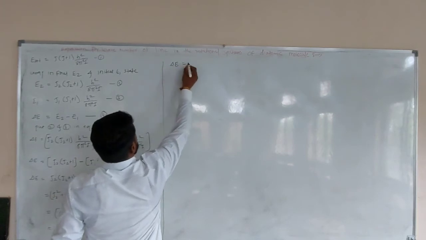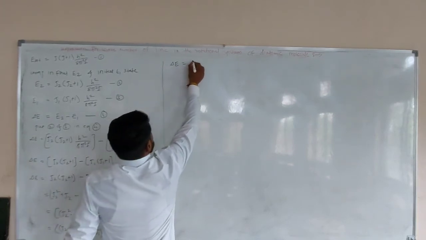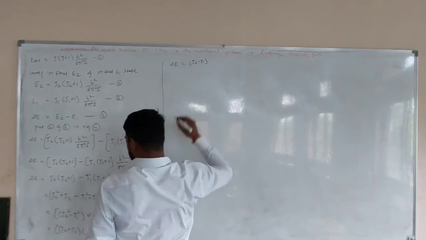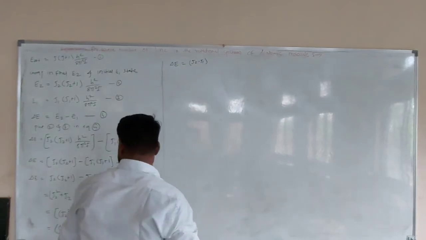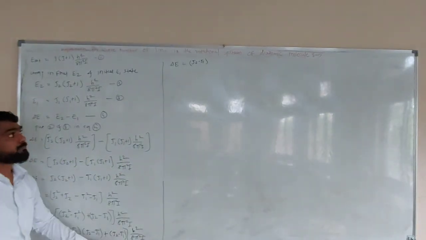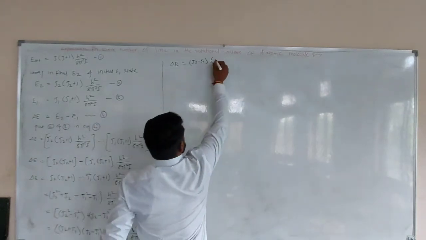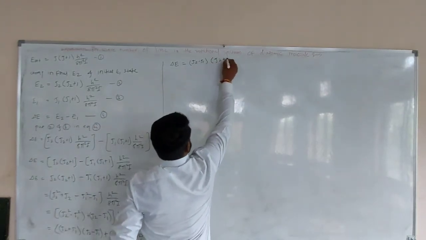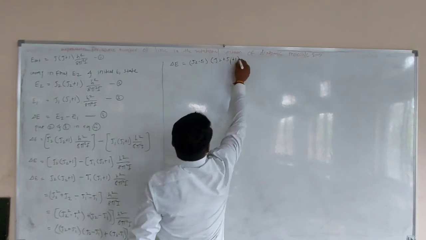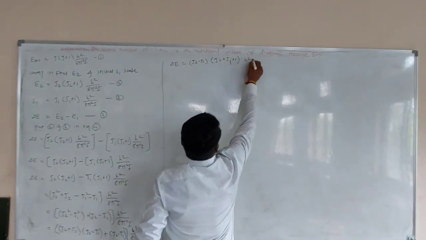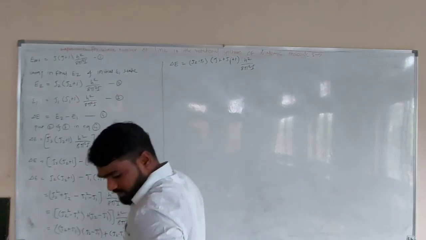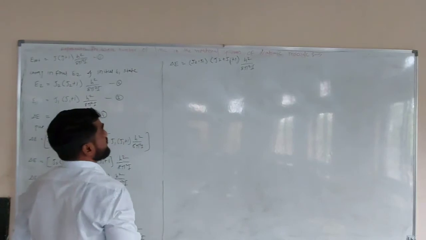Delta E is equal to J2 minus J1, a common term, and next J2 plus J1, and in that there is only plus 1, means J2 plus J1 plus 1, into h square upon 8 pi square I.